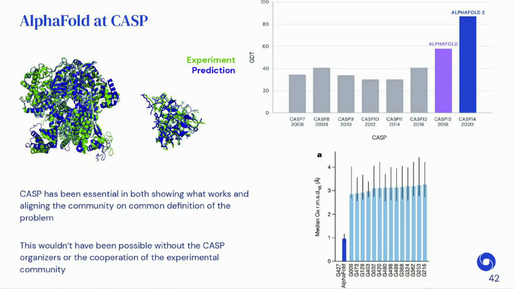So before that, we revisit their phenomenal prediction accuracy at that time, where you see that this GDT is basically approximately how much of the data you could predict well.